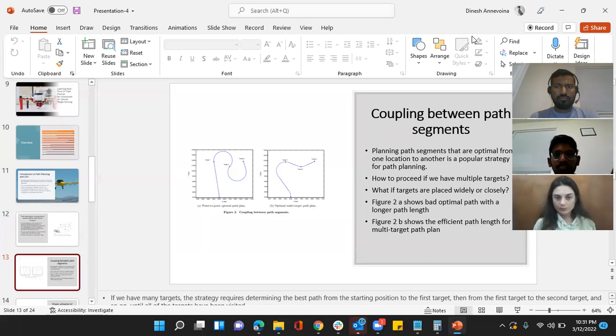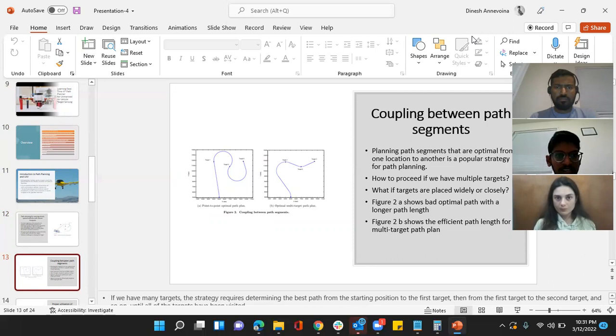If we come to the first challenge, that is coupling between these path segments. Planning path segments that are optimal from one location to another is one of the most used strategies for path planning. So how do we proceed if we have multiple targets? If we see in the figure, we have multiple targets like target 1, target 2, and target 3.